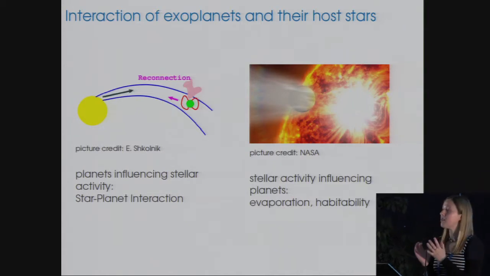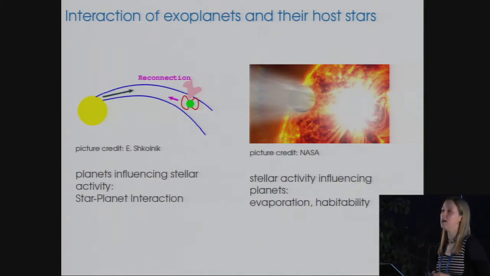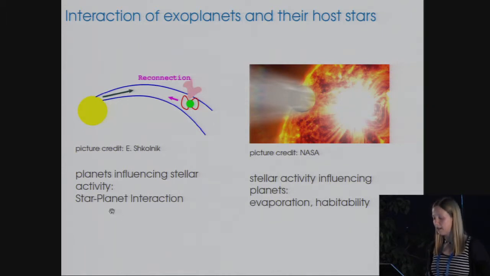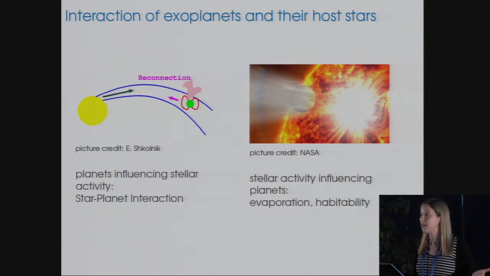Now, this close proximity between exoplanet and host star brings up the question if there are interactions of exoplanets and their host stars. There are basically two ways we can look at this. We can look at the question of planets influencing the stellar magnetic activity of their host stars. This is what we classically call magnetic star-planet interaction, and I will talk about this quite a bit and see what the observational evidence for this direction of the interaction is.